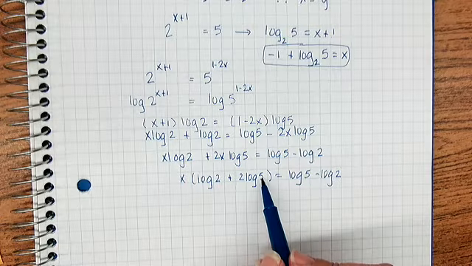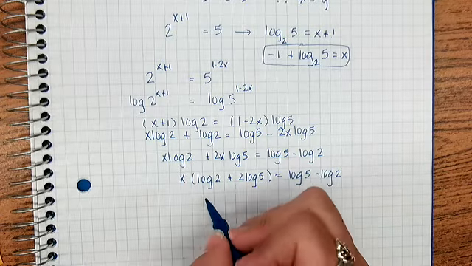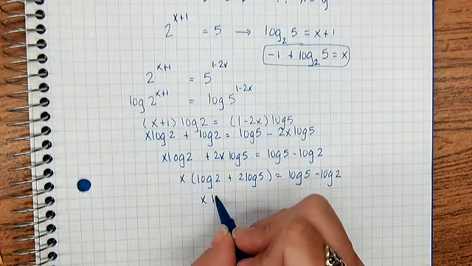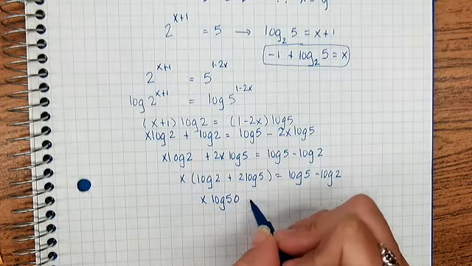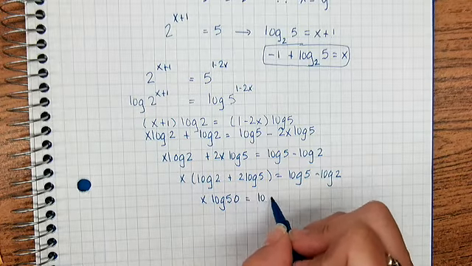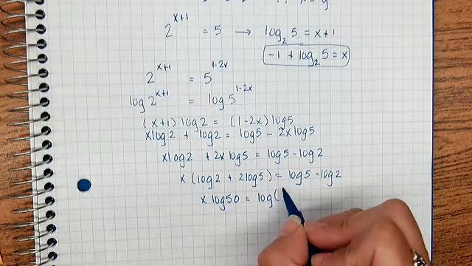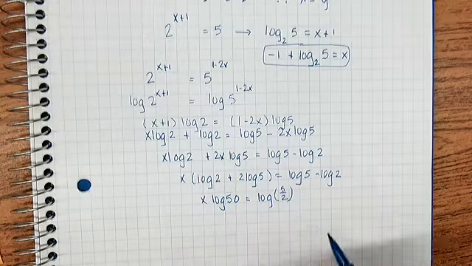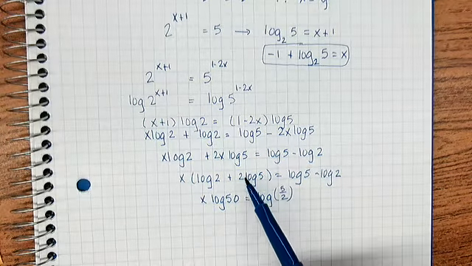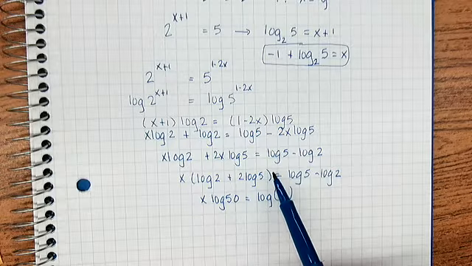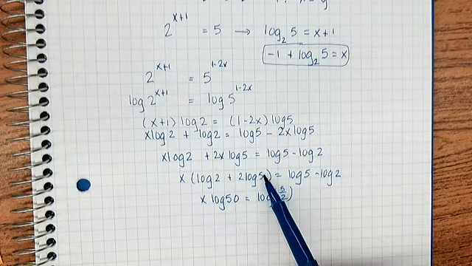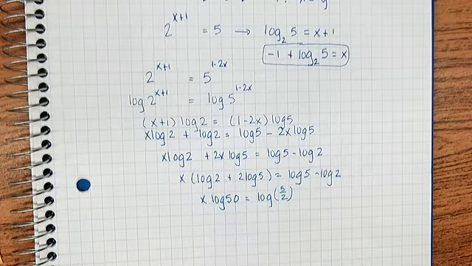That is the log of 5 squared, which is 25, times 2, which is 50. I brought the 2 up and I made it an exponent. 5 squared is 25. Add logs, multiply arguments. 2 times 25 is 50.